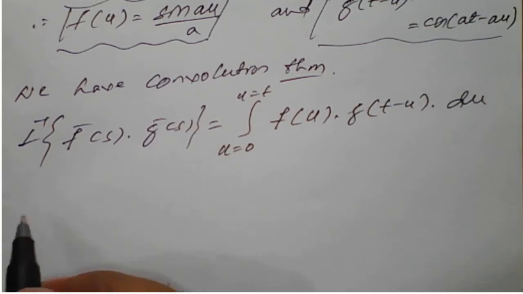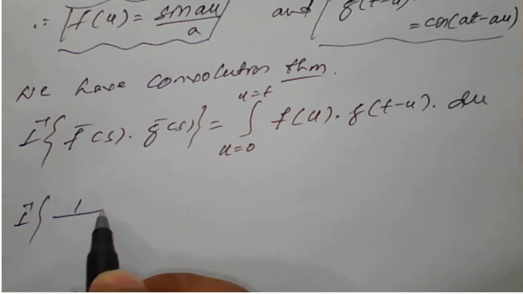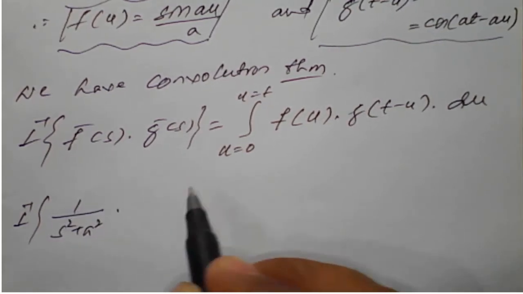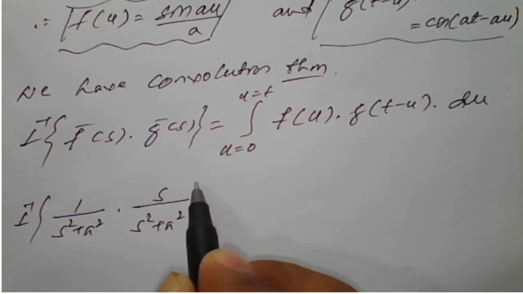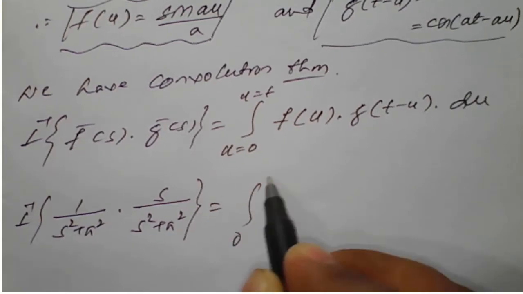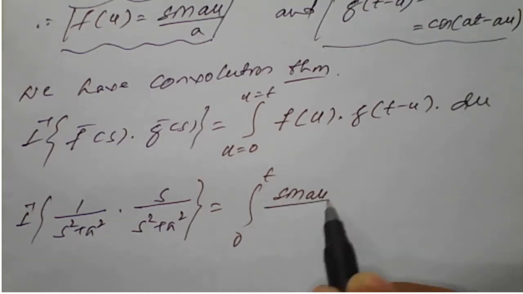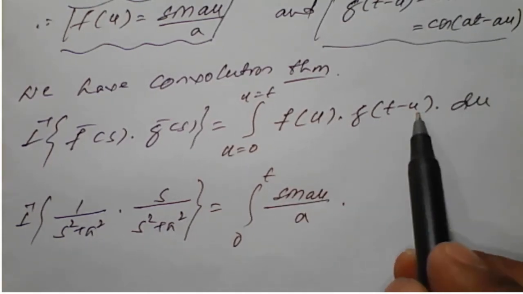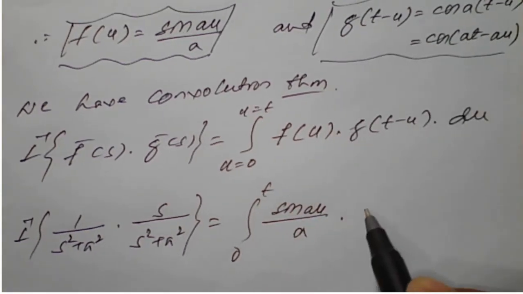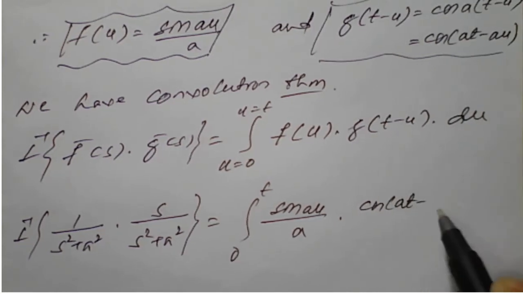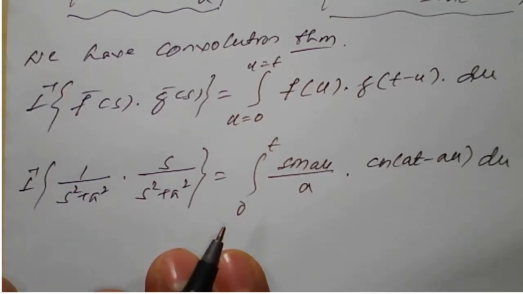Therefore, f dash of s we have chosen as 1 upon s square plus a square, and g dash of s we have chosen as s upon s square plus a square, which is equal to the integration from 0 to t of f of u, which is sine of au divided by a, and g of t minus u, which is cos of at minus au, into du.